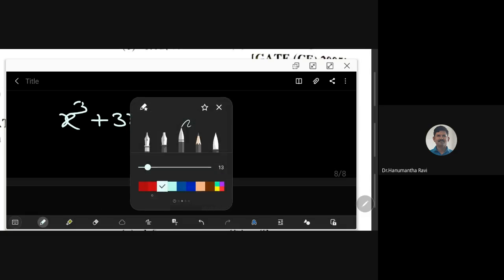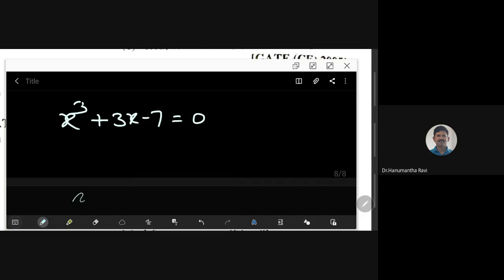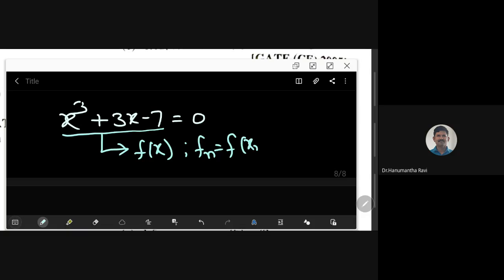So in this case, what is our f of x? This is our f of x. So what is fn? It is xn cube plus 3xn minus 7.